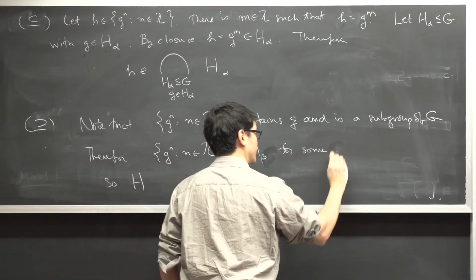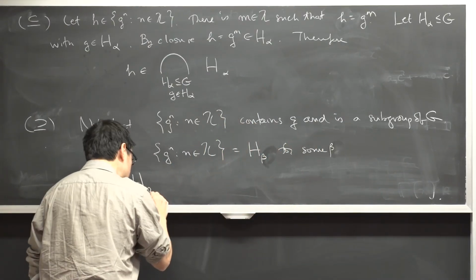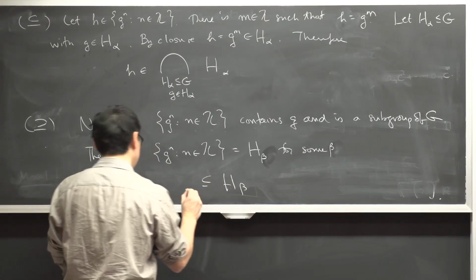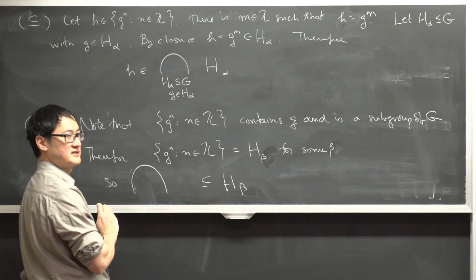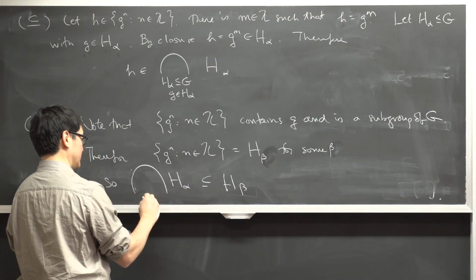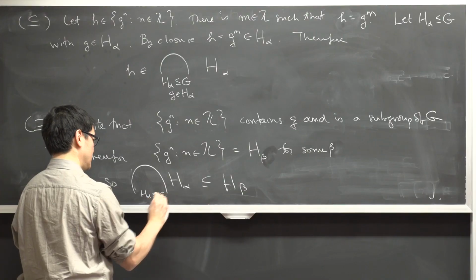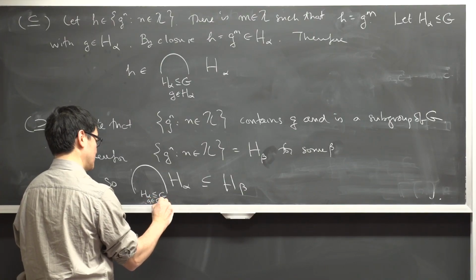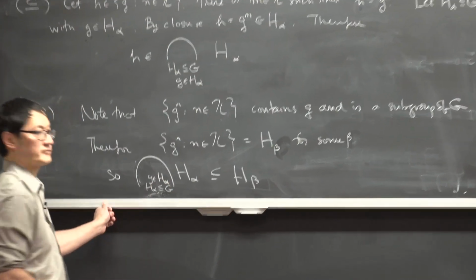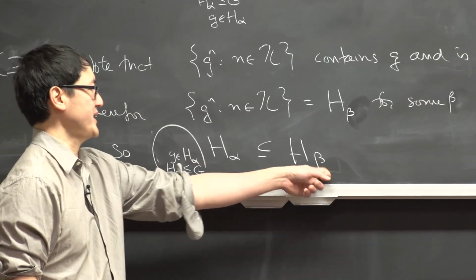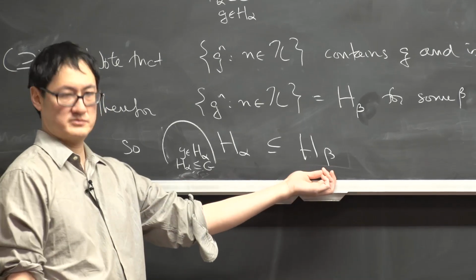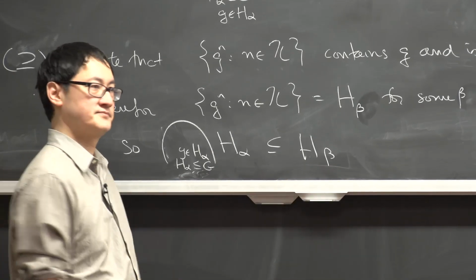So H beta certainly contains the intersection of all possible H alphas, right? H alpha is in G, and G is in H alpha, okay? So H beta is one of these guys. The intersection of all of these guys is certainly less than one of them. Okay, so that's it.